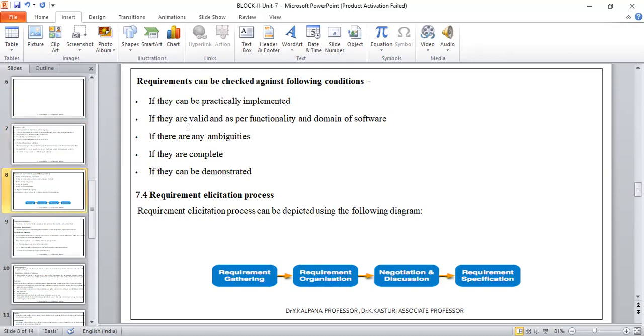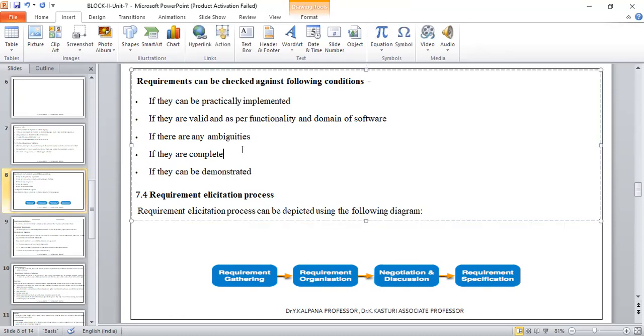By these things: if they can be practically implemented, which should be checked with the developers team; if they are valid as per the functionality and domain of the software; if there are any ambiguities, that is, if the requirements are not clear; if the requirement is complete or incomplete; and if they can be demonstrated properly. These things are checked for requirements.